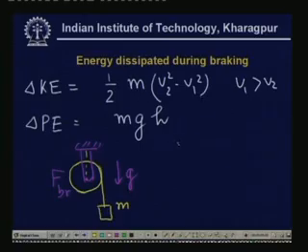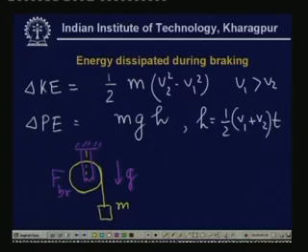Now, it is very easy to see that h is nothing but half v1 plus v2 times t, where t is the time over which the braking force is applied. The average velocity is v1 plus v2 by 2, where v1 is the velocity before application of the brake and v2 is afterwards, and the net distance is half v1 plus v2 times t.